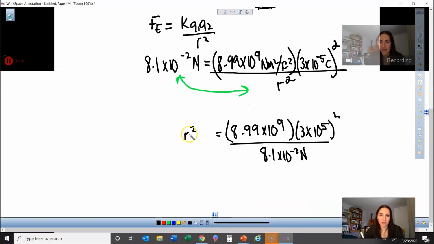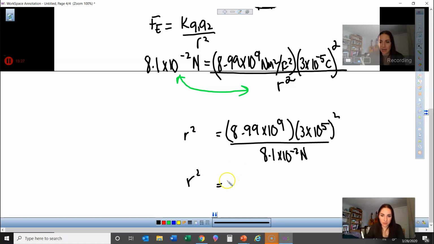Now, technically, this is squared, so I have to square root it. In terms of how you want to set it up, it doesn't matter. I'm just going to leave it like that and do this first. So, 8.99e9 times 3e-5, divided by 8.1e-2.